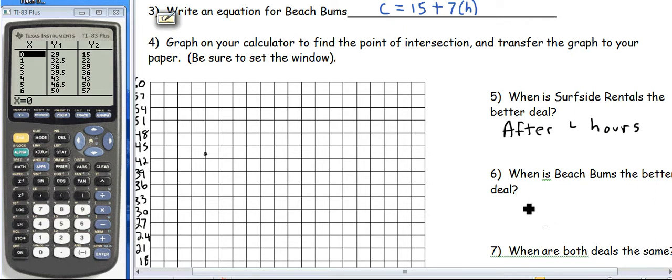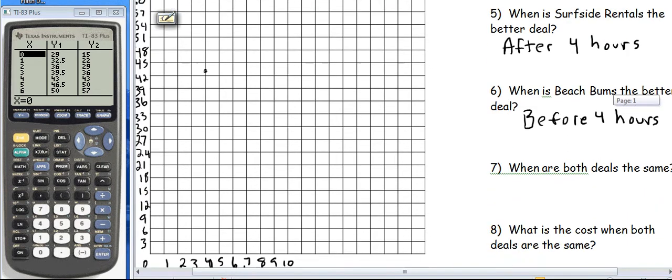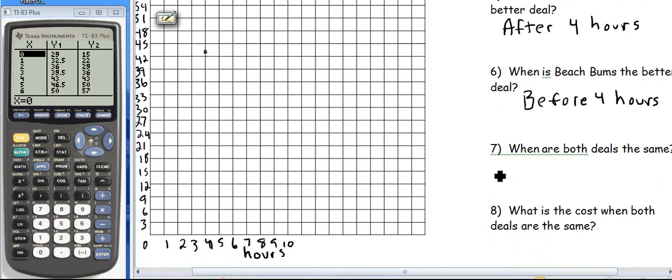Beach Bum is a better deal before 4 hours. Both are exactly the same at 4 hours.